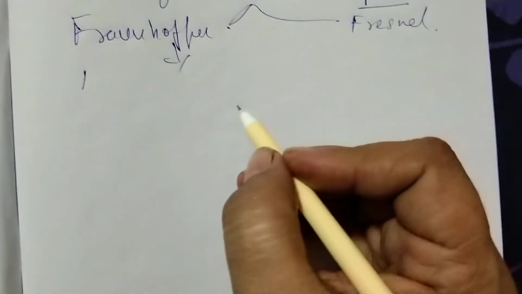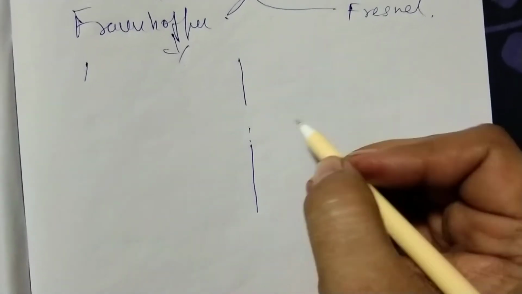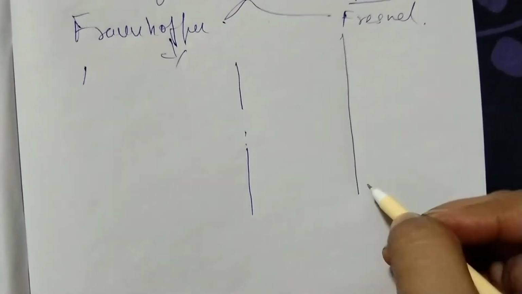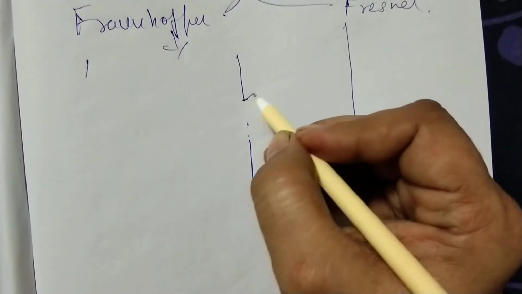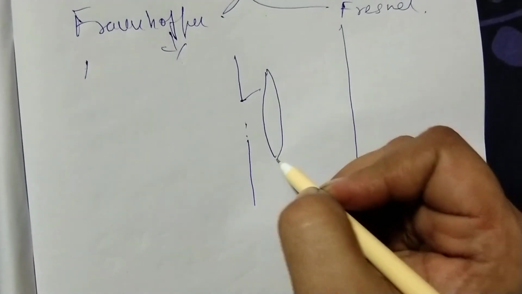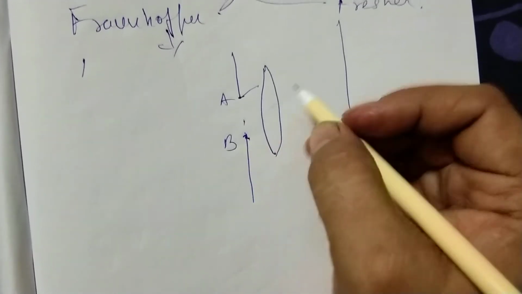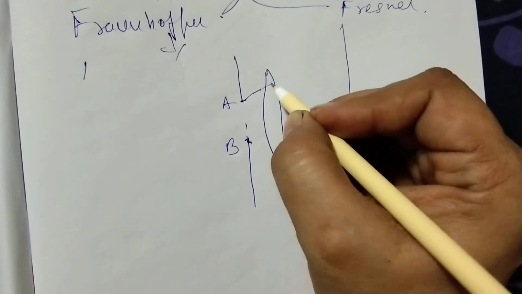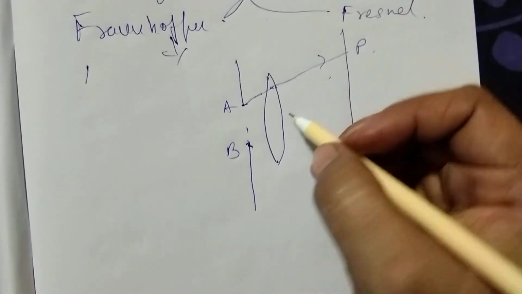And in order to do it, we'll take an arrangement. This is the slit we have considered, and this is your screen. Here we have the ray of light coming, and we have kept a lens here. Let us assume this part is A, this part is B, and from here it is getting refracted.